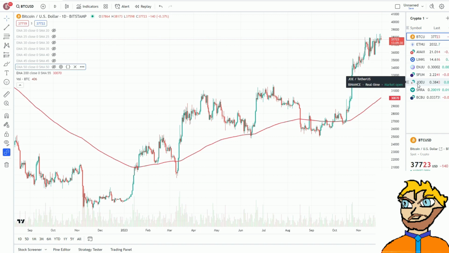And I have Shrapnel, and I had AVAX, but I sold it off to buy the dip now on Shrapnel when the news came out from the lawsuits. And what more? I got Shrapnel, I got Joe, I got S-Fund, I got Engine. I actually think that's it. Those are the 4 coins I have.